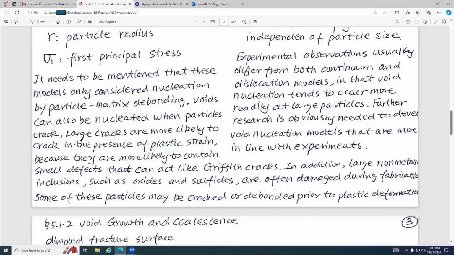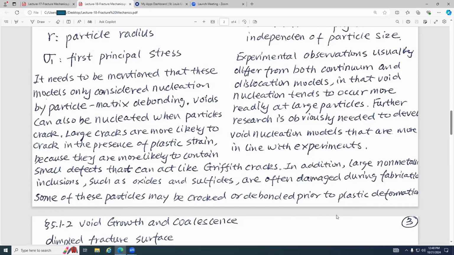Large particles are more likely to crack in the presence of plastic strain because they are more likely to contain small defects that can act like a brittle crack. In addition, large non-metallic inclusions such as oxides and sulfides are often damaged during fabrication. Some of these particles may be cracked or debonded prior to plastic deformation. So this is not theory based, it is related to the manufacturing processes.